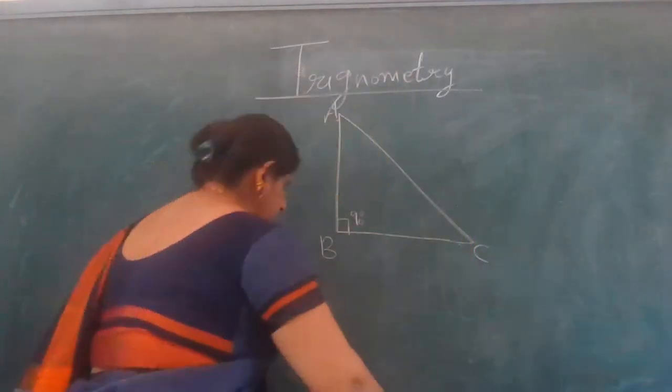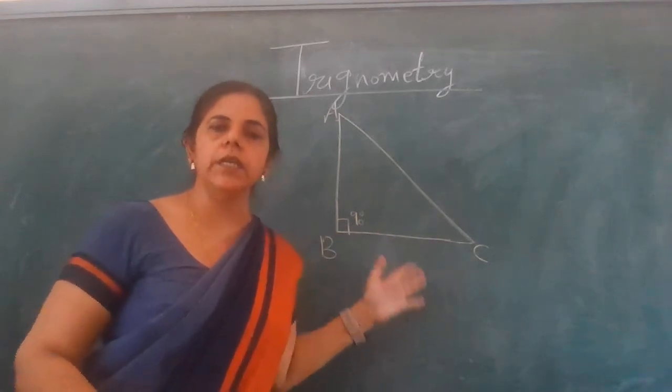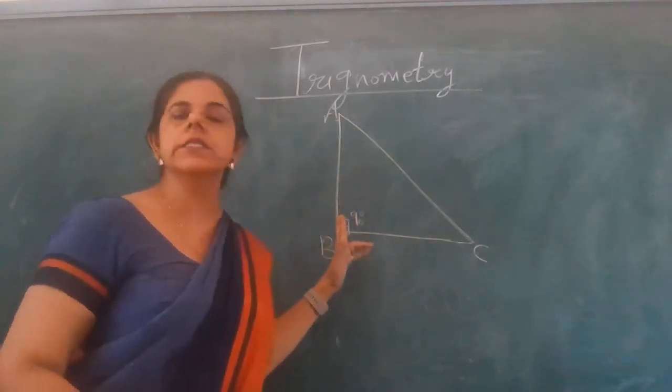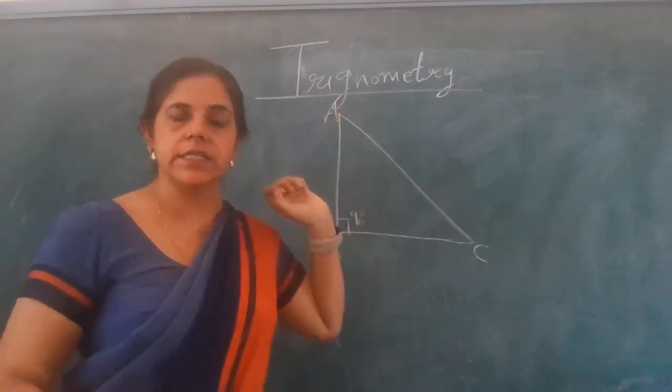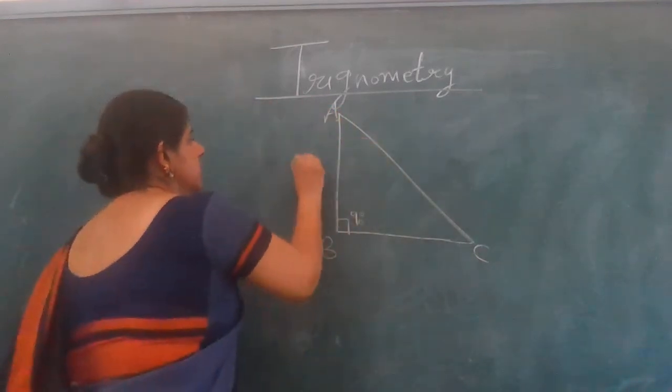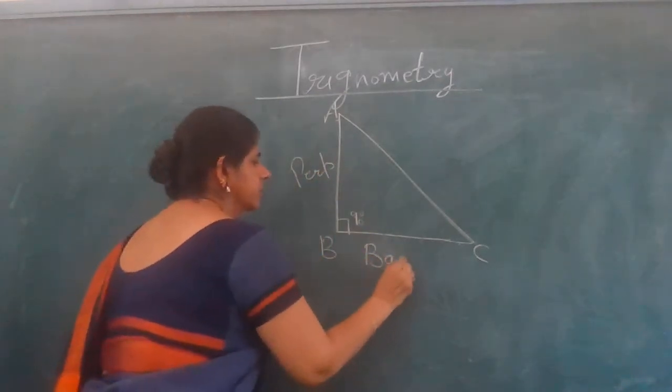Let's see. So this is a triangle, a right angled triangle in which our one angle is 90 degrees. And if we say that of these two sides, one is perpendicular, another is base.